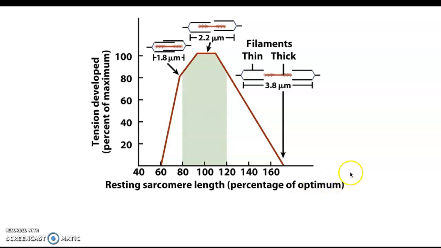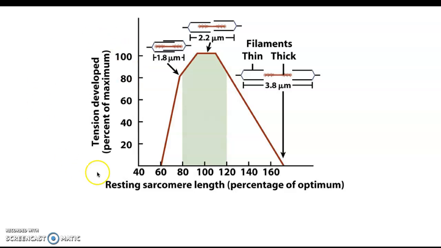We'll talk about what that means in a minute. Saladin's figure actually gives you an absolute value on the x-axis, so his axis looks like 1, 2, 3, 4 micrometers in length. But how it's expressed really is not that important. The relationship is still going to be the same.